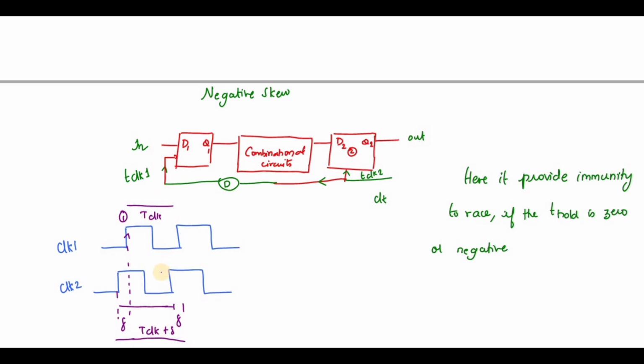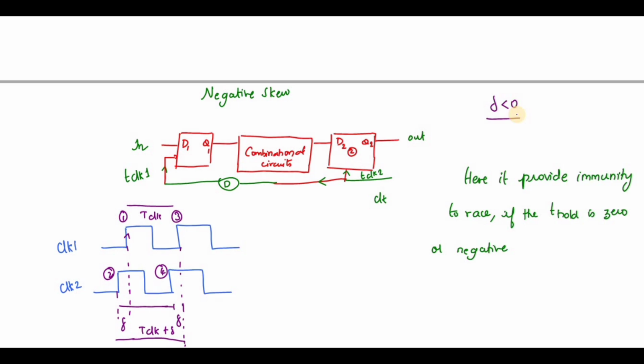From here to here, again T clock plus del. So this is the first edge, this is the third edge, this is the second one, and this one is the fourth one. So if you see here, the del value is less than 0.